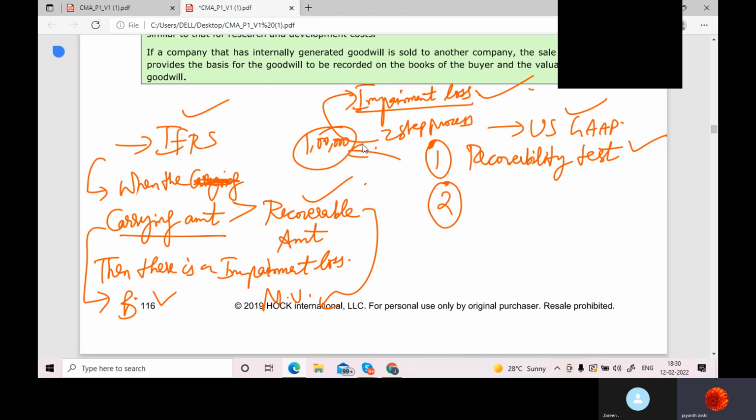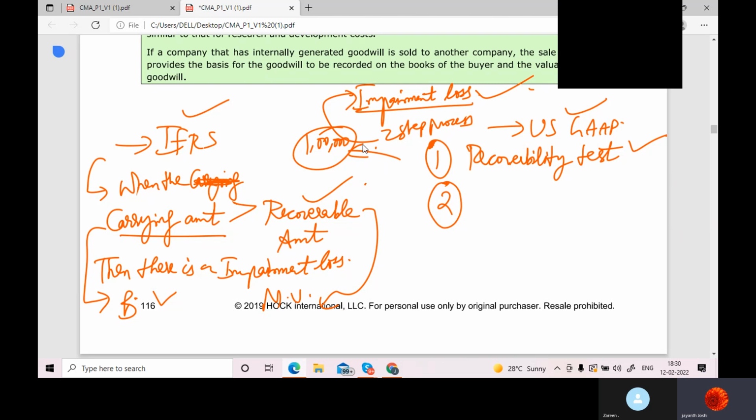Let's say you are using it for production. Whatever units of goods you are producing, you will sell in the market and generate revenue or cash flows out of it. Those cash flows should at least reach 1 lakh. Then we can say that we have recovered the value of the asset.